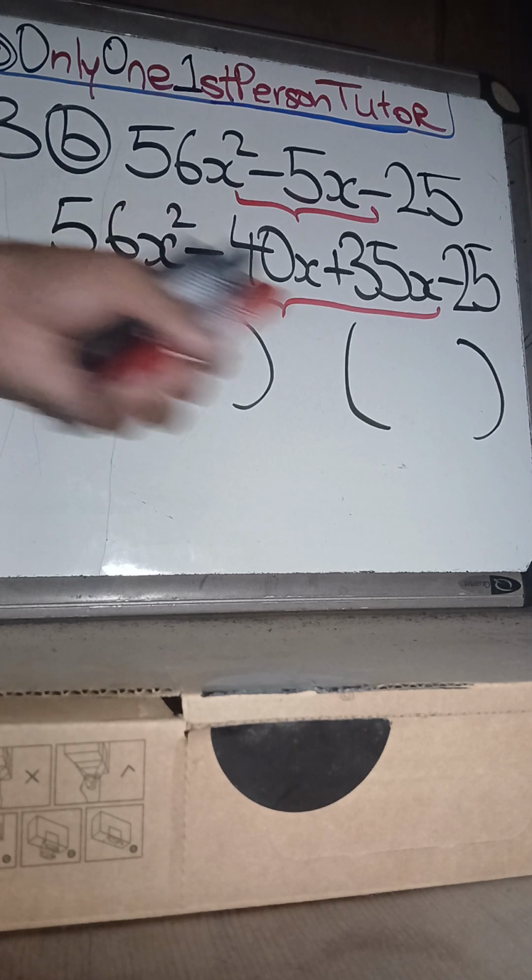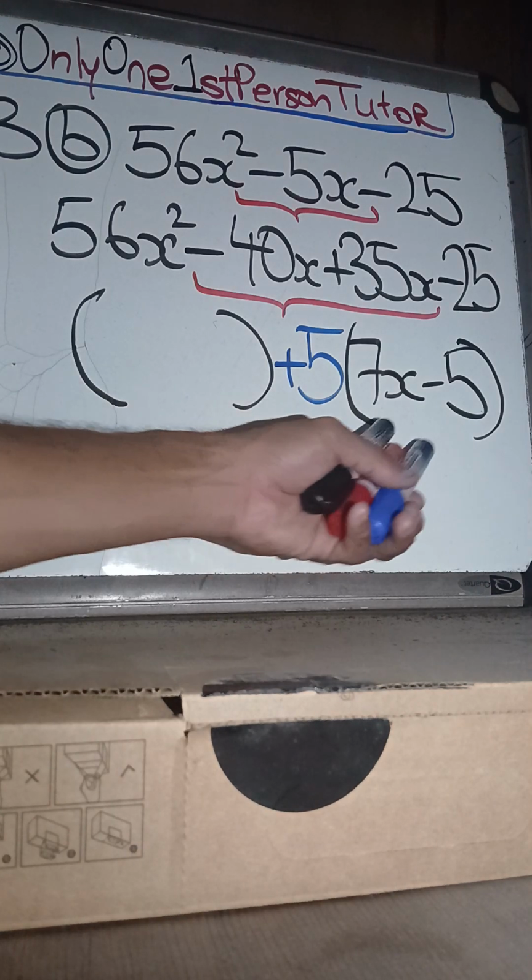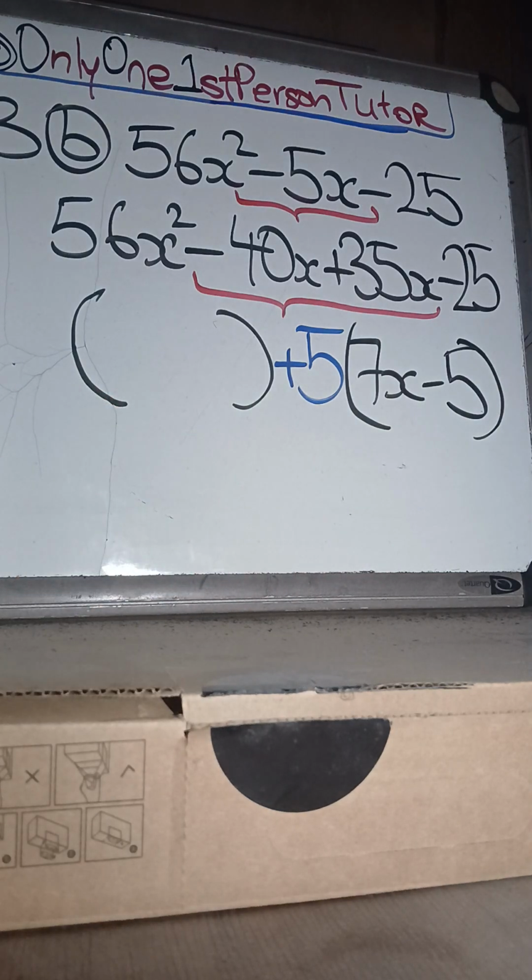So we'll deal with this part over here. So 5 by 7 and 5 by 5, the HCF is 5, so let's put the plus 5 on the outside. And now we will have 7x minus 5. And then of course we'll copy and paste the 7x minus 5.